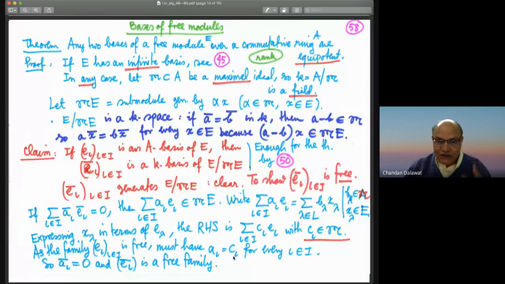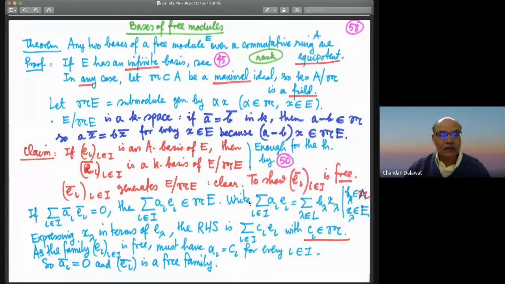But C iotas were in M, whereas for A iotas, I want to prove that their image in A modulo M is 0. That is now proved because these C iotas are in M. So therefore this A iota bar is equal to 0, and this family is free.